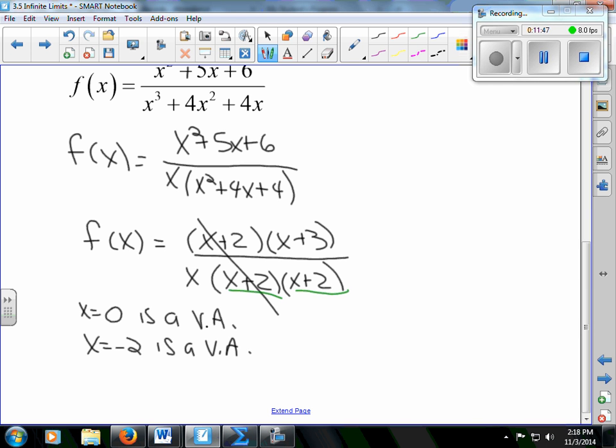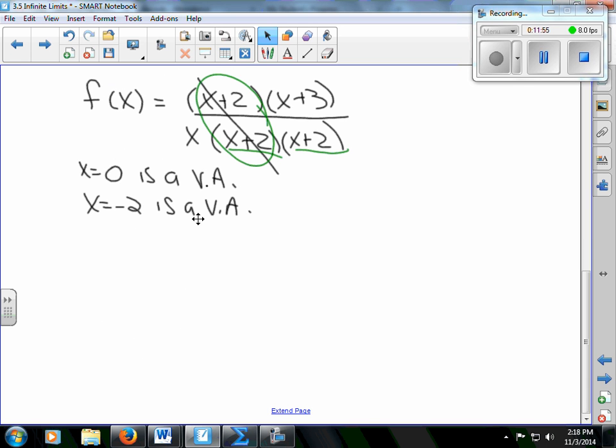And so if you cancel, this is a removable discontinuity. But an asymptote supersedes the removable when you get that it cancels here. And to answer what the question for a vertical asymptote is, you have to do a limit. So let's do the limit as x approaches 0 from the right. And I have to get infinity as my answer of f of x.